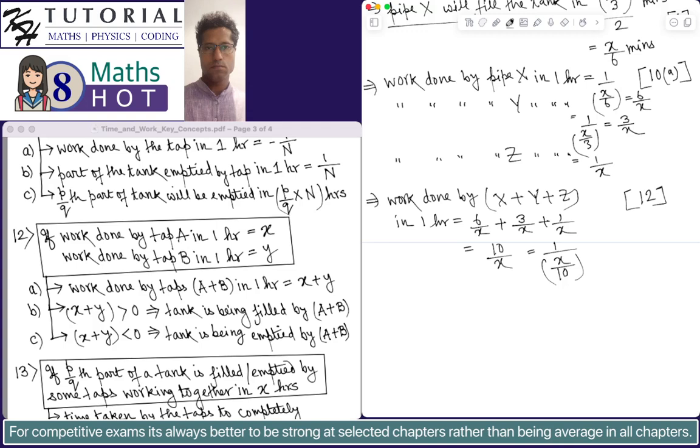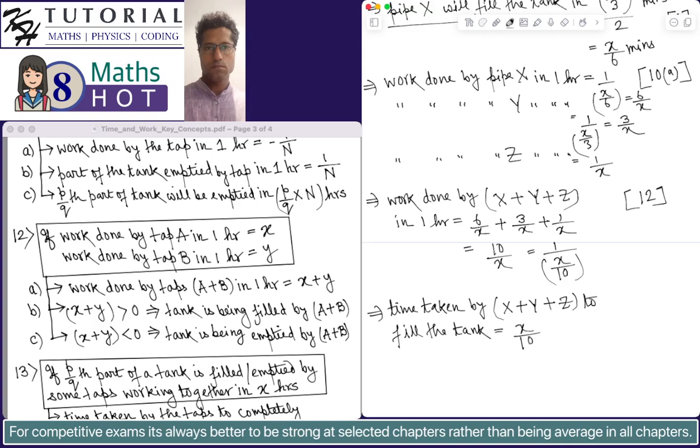Now this implies we can say the time taken by all the pipes together to fill the tank. So the time taken by X plus Y plus Z to fill the tank will be equal to x by 10.